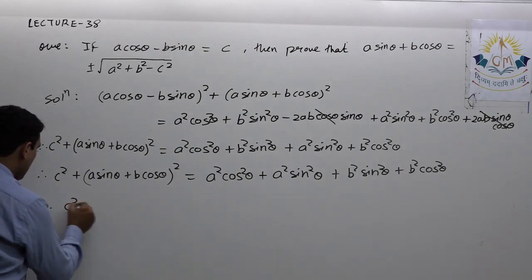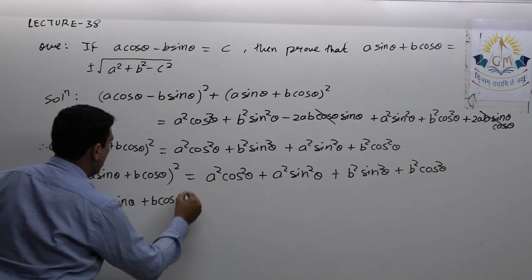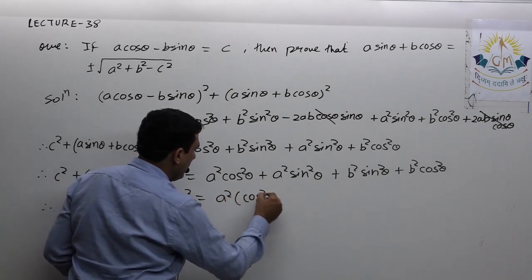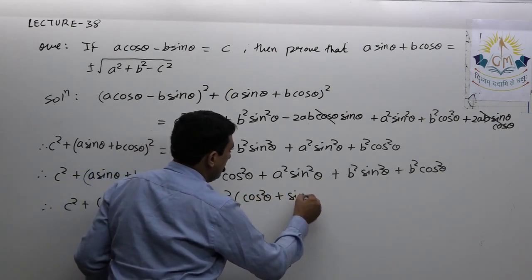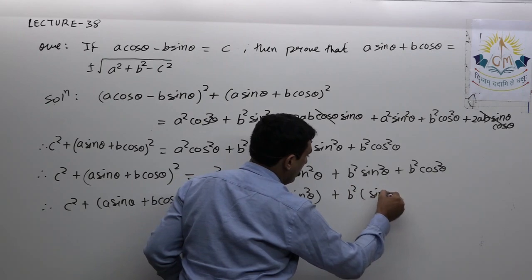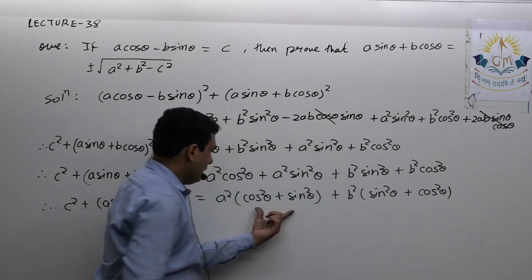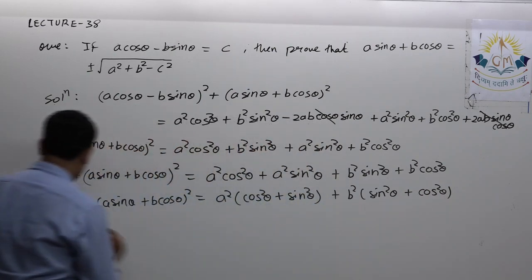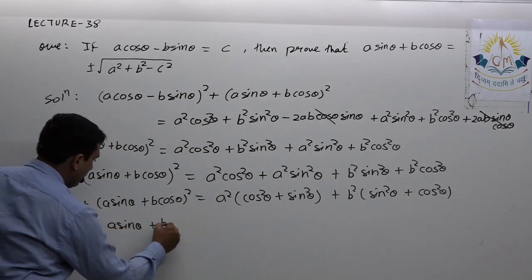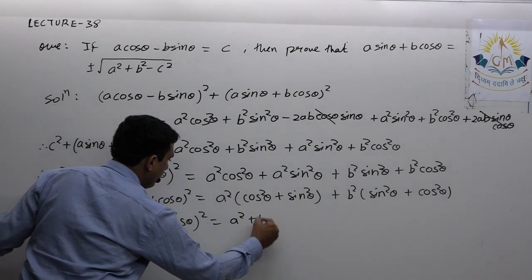From these two I can take a square common, so I will get cos square theta plus sin square theta. From this I can take b square common, so I will get sin square theta plus cos square theta. Now this is equal to 1 as well as this is equal to 1. So what I will get is c square plus a sin theta plus b cos theta whole square is equal to a square plus b square.